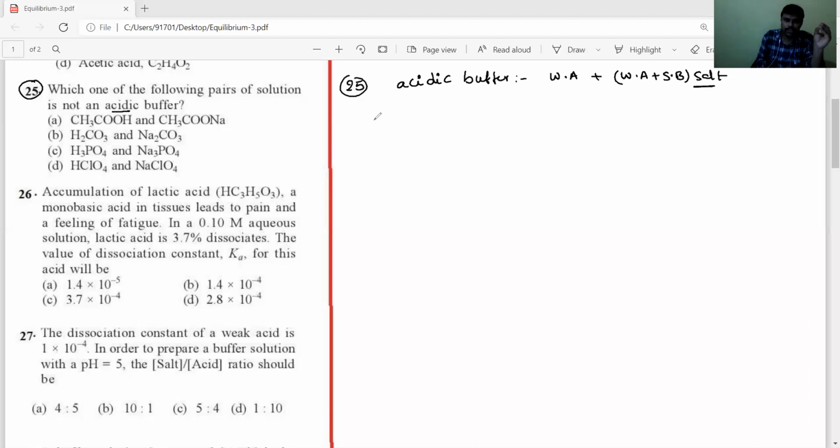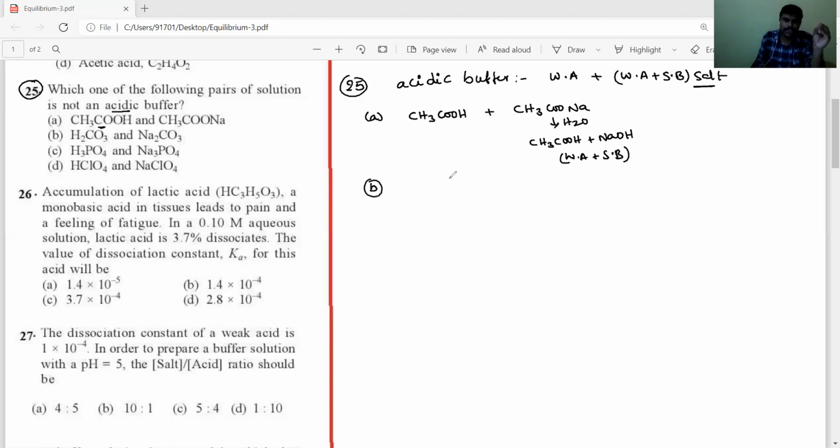For example, in the first option, acetic acid is a weak acid, and sodium acetate, CH3COONa, is formed from acetic acid plus NaOH, which means it is a mixture of a weak acid plus a strong base salt. So that's why it is an acidic buffer solution.